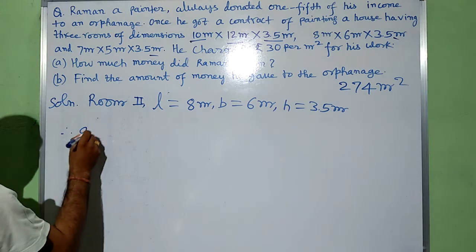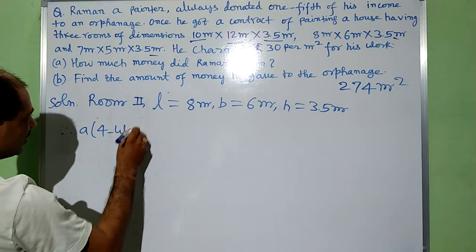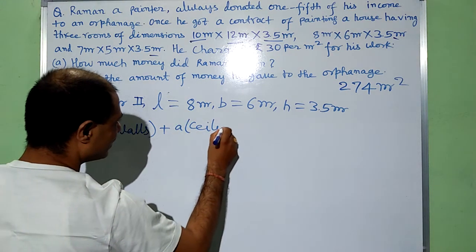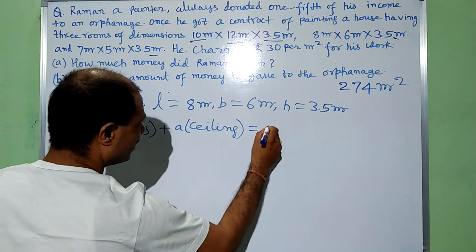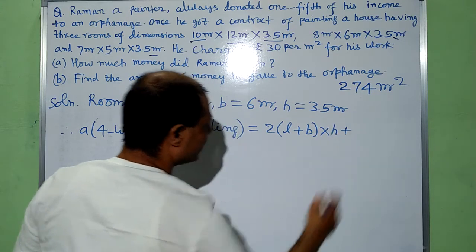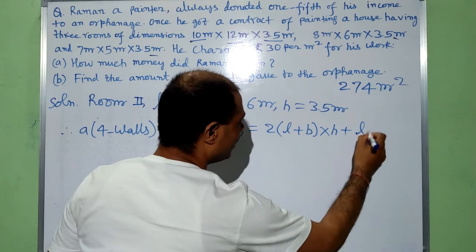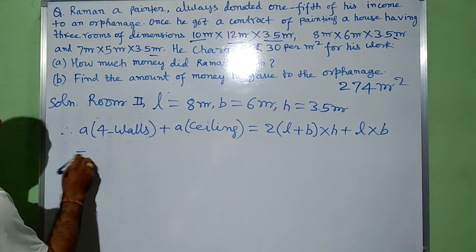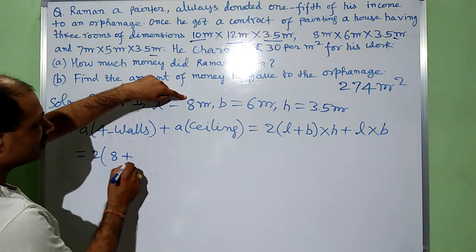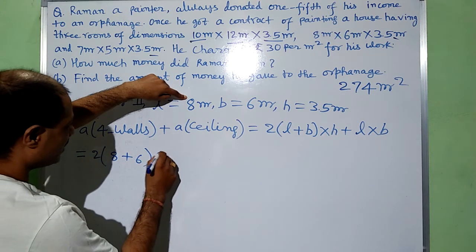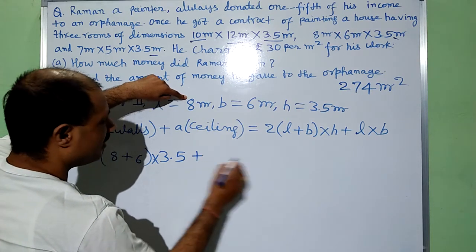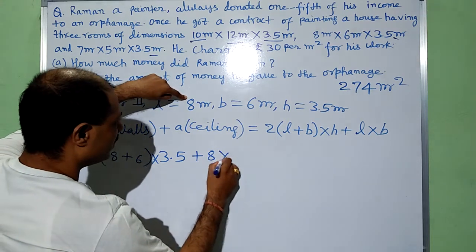Hence, area of all the 4 walls plus area of ceiling will be 2 into L plus B into H plus area of ceiling, that will be L into B. It will be 2 into L plus B, 8 plus 6, into H, that is 3.5, plus LB, 8 into 6.